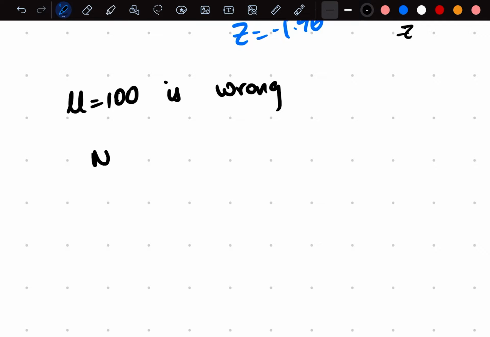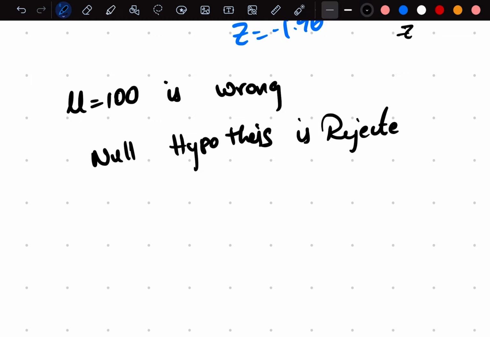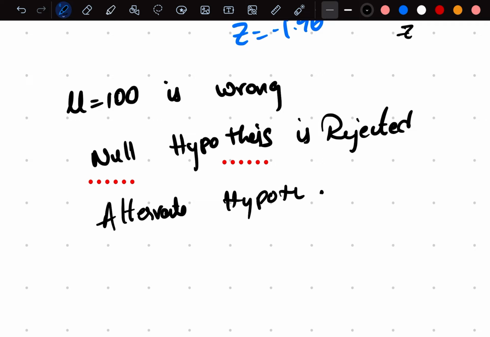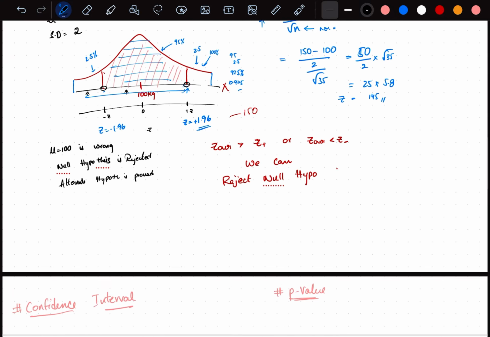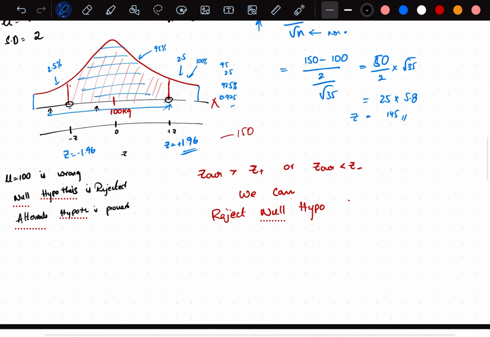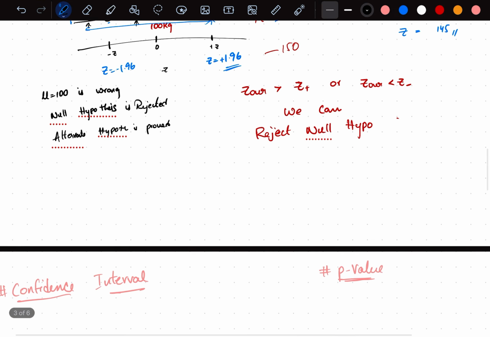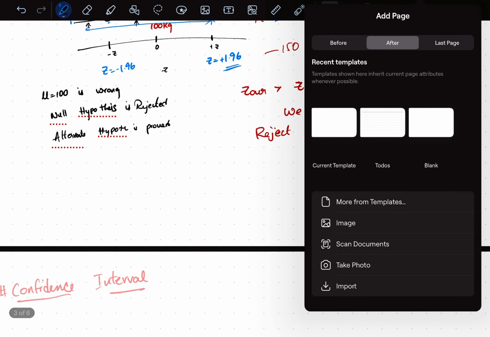It means the null hypothesis is rejected. Rejected, and the alternative hypothesis is proved. So that's about z-test. And similarly, t-test.